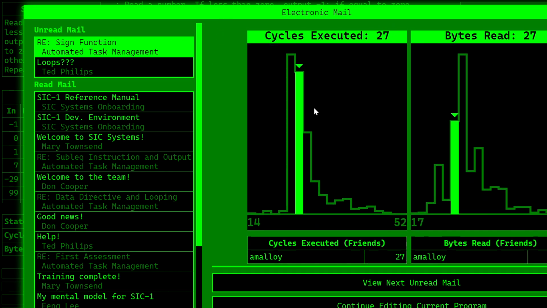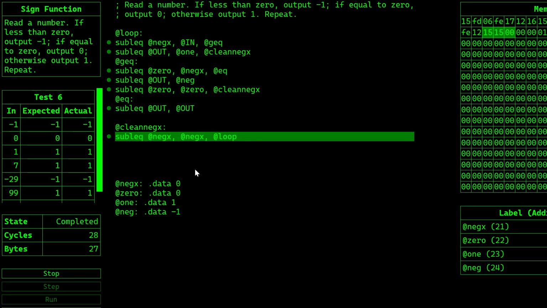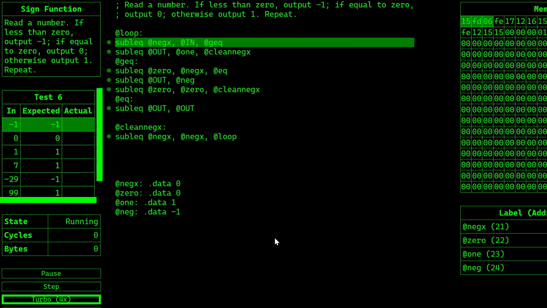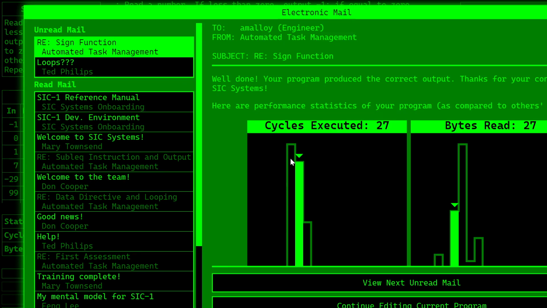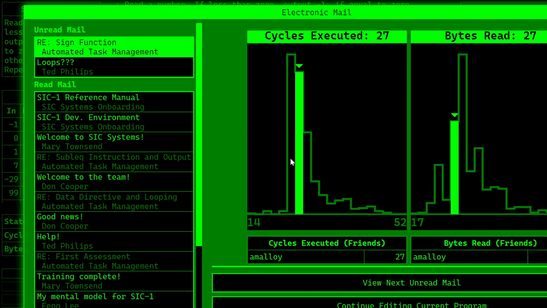Interesting that I read fewer bytes than the average, although not by a lot, and had more cycles than the average, although again, not by a lot. So, what are people doing? They're getting 24. 24 cycles.